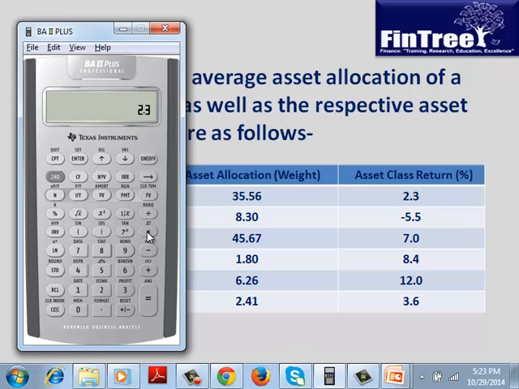So 2.3 into 0.3536 plus bracket open... it has gone wrong.